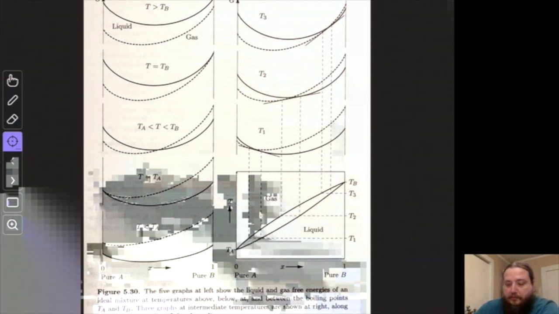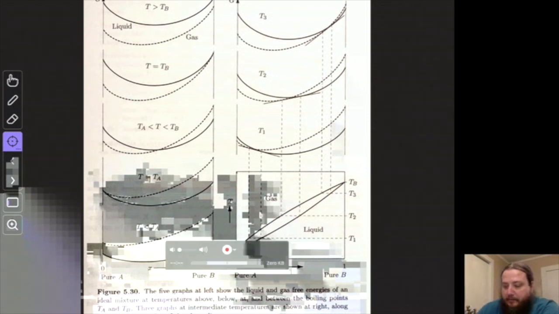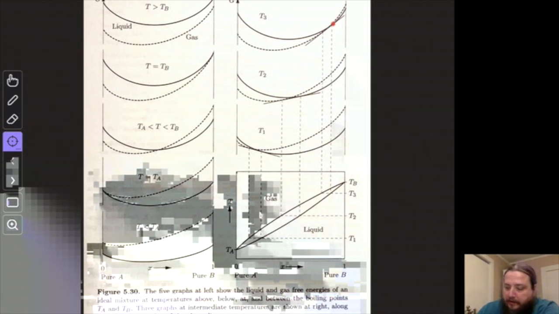This temperature T3 is somewhere between the boiling point of B and the boiling point of A, but closer to the boiling point of B. And you can see here that these two points are the ones connected by that tangent line, and between those two points, which correspond down here, we're at the same temperature T3 below the boiling point of B, but we'll have liquid forming at a higher mix ratio and gas staying, but now at a lower mix ratio, to make up for the fact that we've brought more of the B in at the higher mix ratio than we would otherwise.